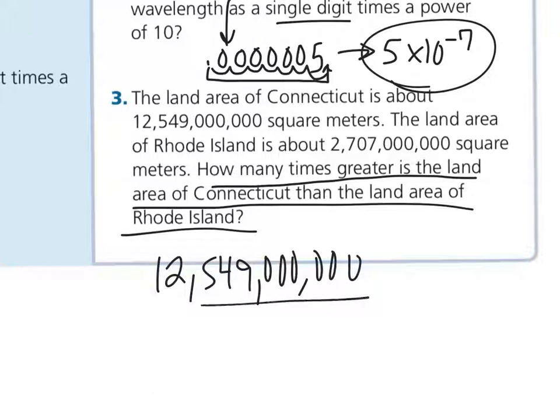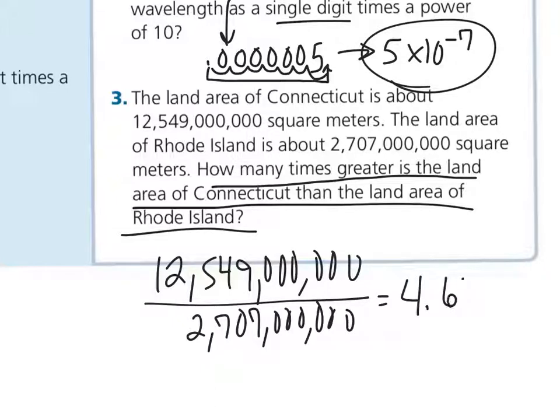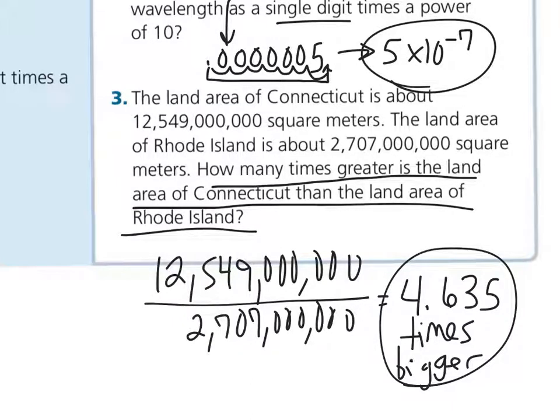For dividing, you can actually keep these as the same numbers that they are. And if you divide that out, you should get 4.635. They're wanting us probably to change it to scientific notation and then kind of work it out, but we really don't have to for that problem.